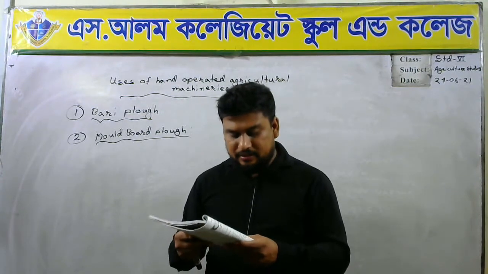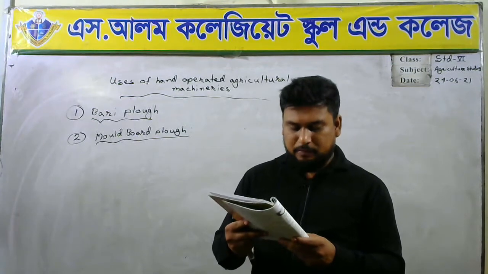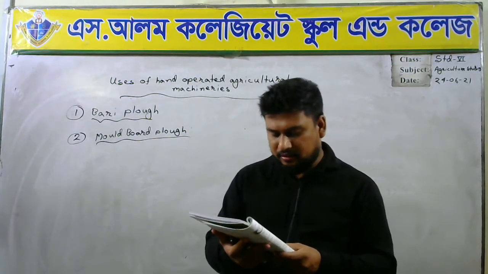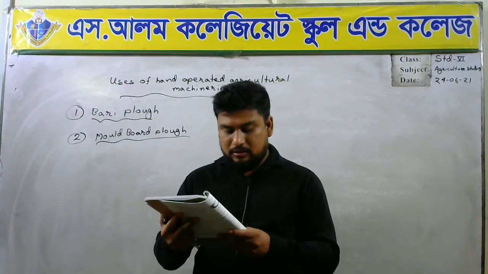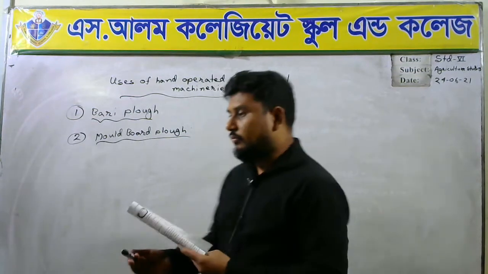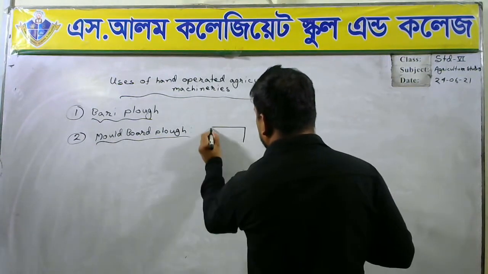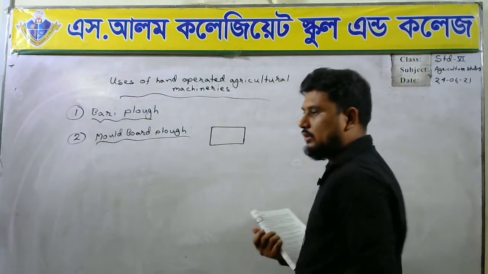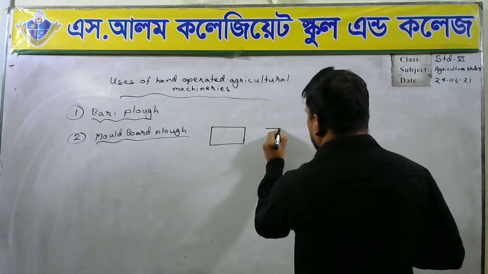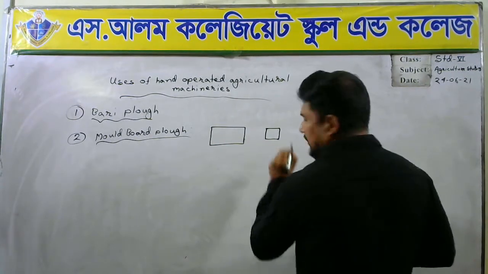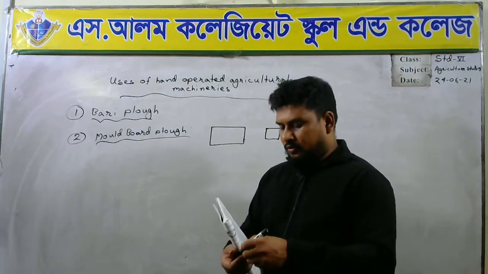Its advantages: every part of this plow is made of iron. This plow cultivates and turns the soil into rectangular chunks. Rectangular means this is rectangular and this is a square. Okay, dear students, do you understand?